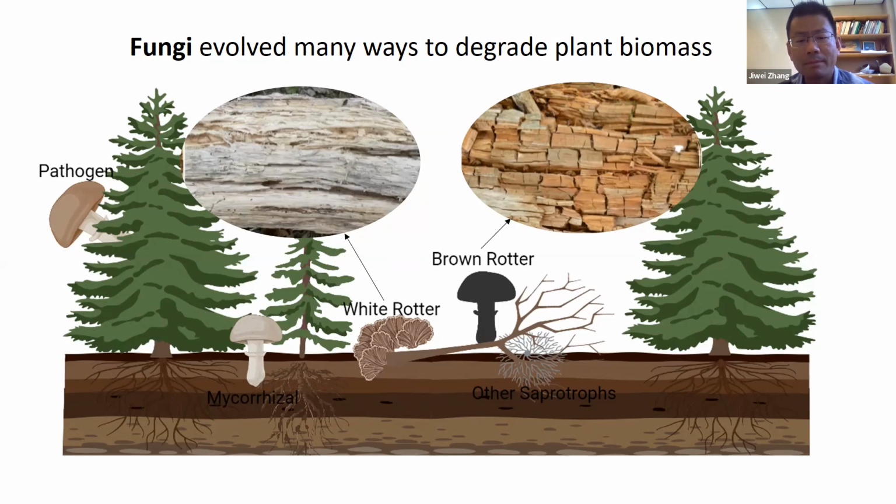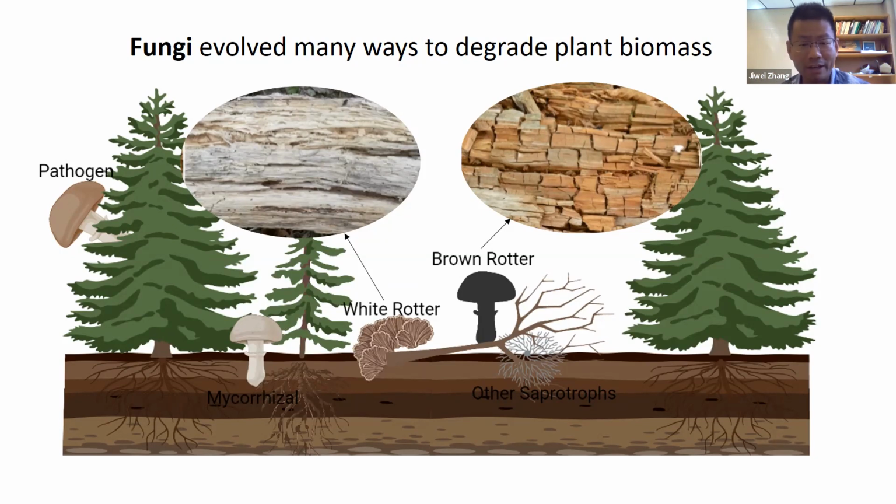So brown rotters might be relatively smarter compared to white rotters, at least in my sense, right? But actually we cannot judge fungi according to our opinion. But these brown rot fungi can very efficiently decay the wood. So if your residential building is infected by the brown rot fungi, you've got a big problem, because they can quickly damage the structures of the wood.